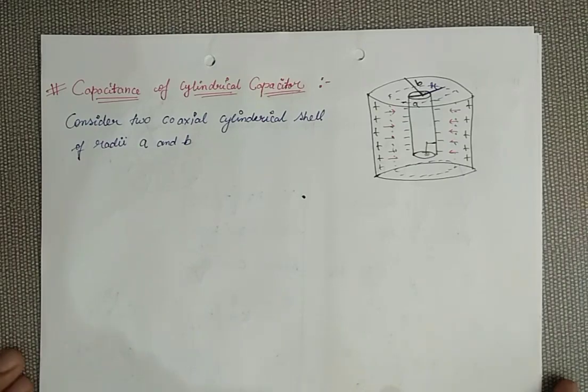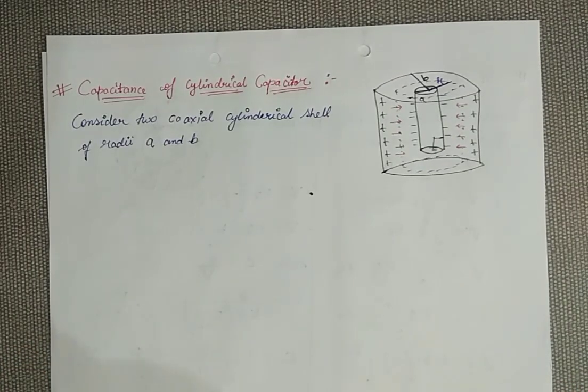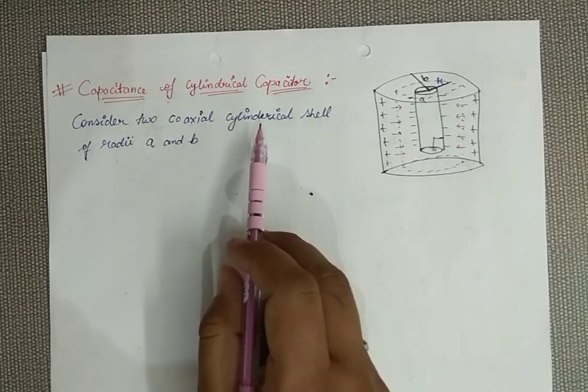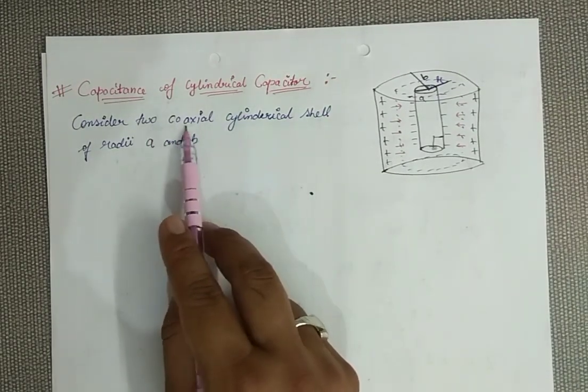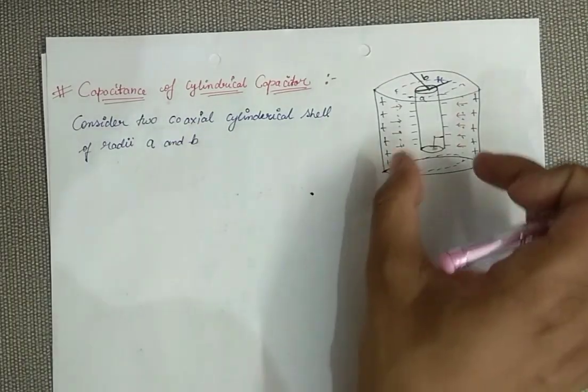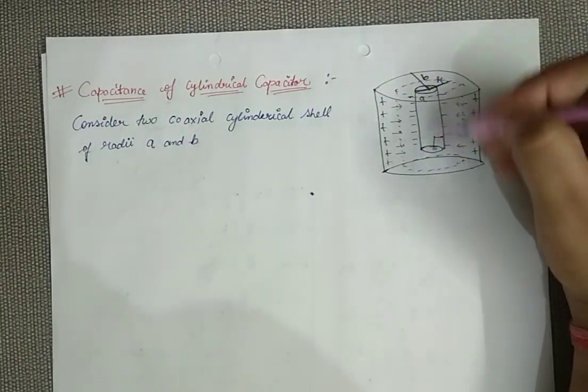So here third one is your capacitance of cylindrical capacitor. Previous one was spherical capacitor and this time it is cylindrical capacitor. So what we have done, we have considered two cylindrical shells, means there are two coaxial cylinders. Coaxial means both these cylinders are lying along the same axis.